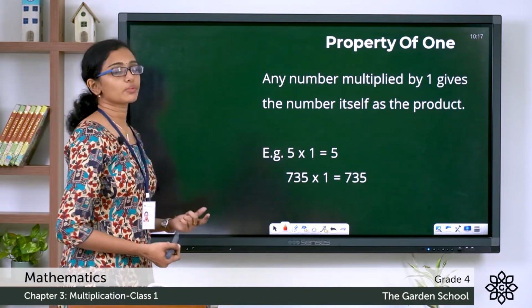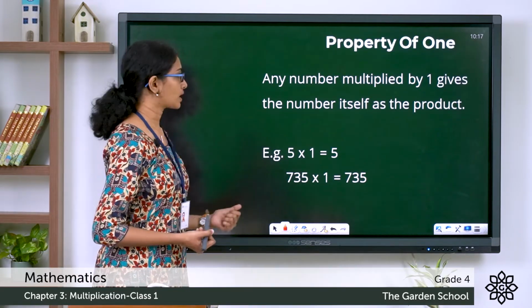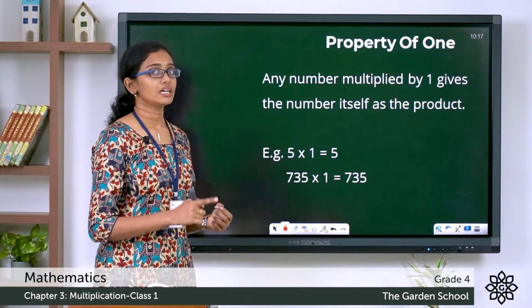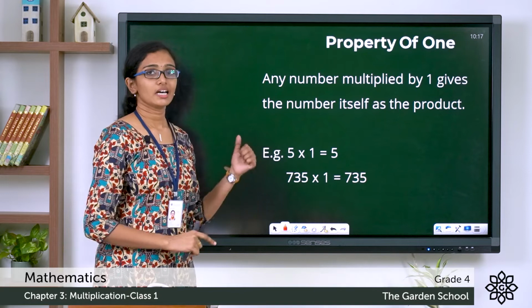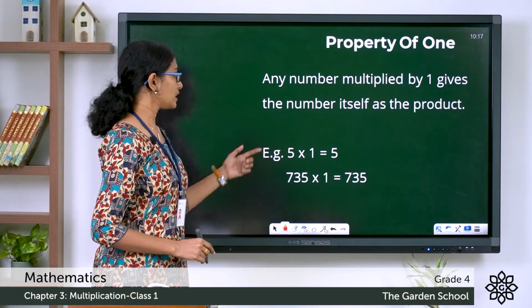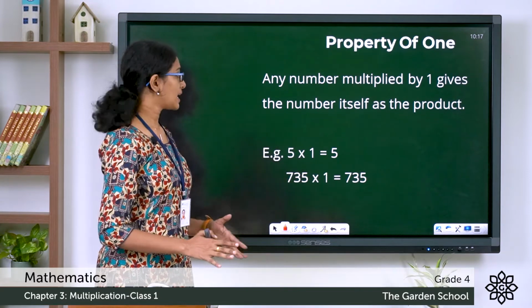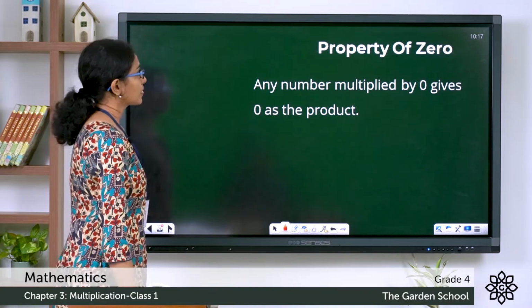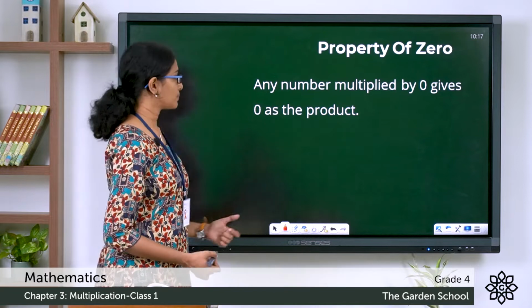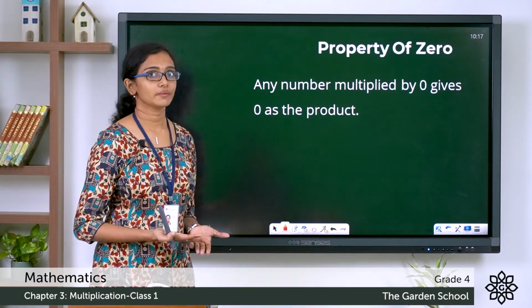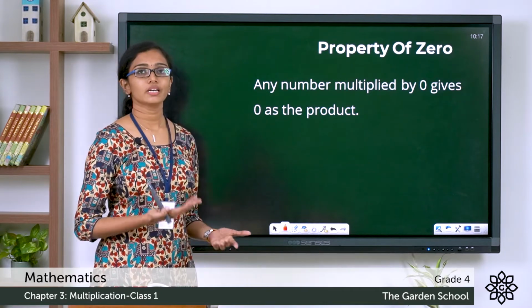Now, the second one, the property of 1. It says that if any number is multiplied by 1, the product is the number itself. It means that 5 into 1 equal to 5, the number 5 exists one time. The property of 0. The third property. It says that if any number is multiplied by 0, the product is 0 itself.